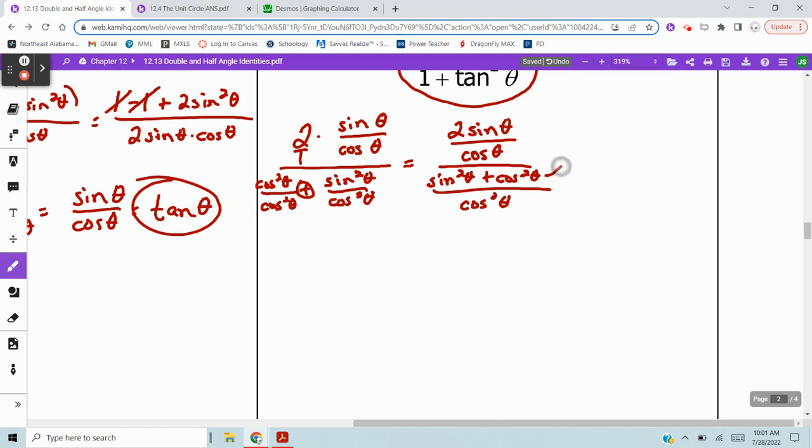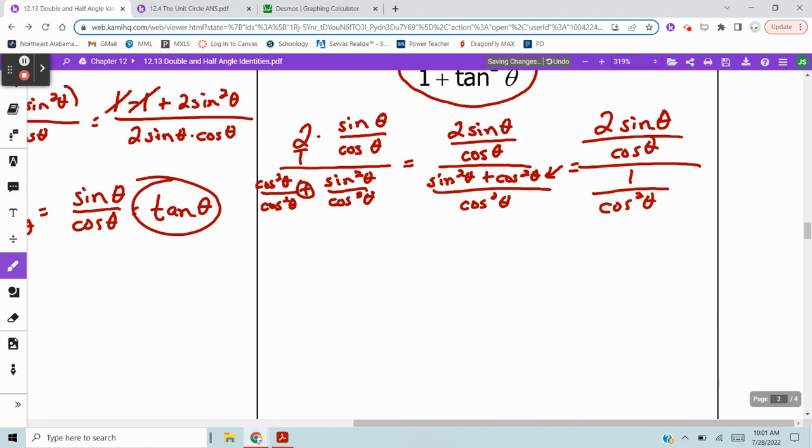Quick reminder from the last problem, sine squared plus cosine squared will always equal 1. So that turns my problem into 2 times the sine of theta over the cosine of theta, all over 1 over cosine squared.